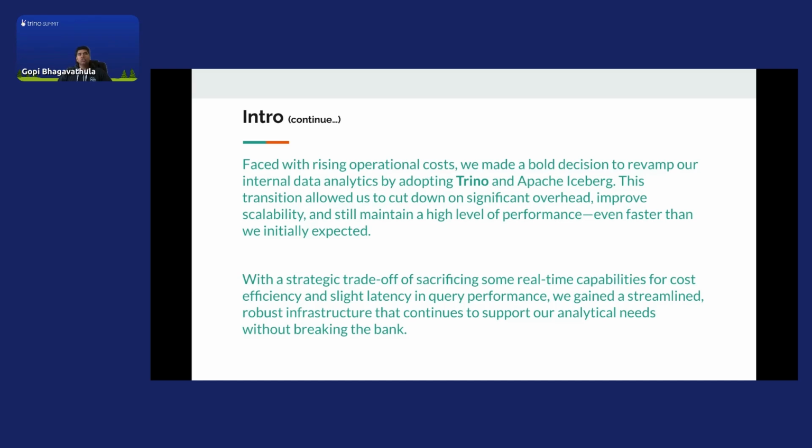With a strategic trade-off of sacrificing some real-time capabilities for cost efficiency and slight latency in query performance, we gained a streamlined, robust infrastructure that continues to support our analytical needs without breaking the bank.